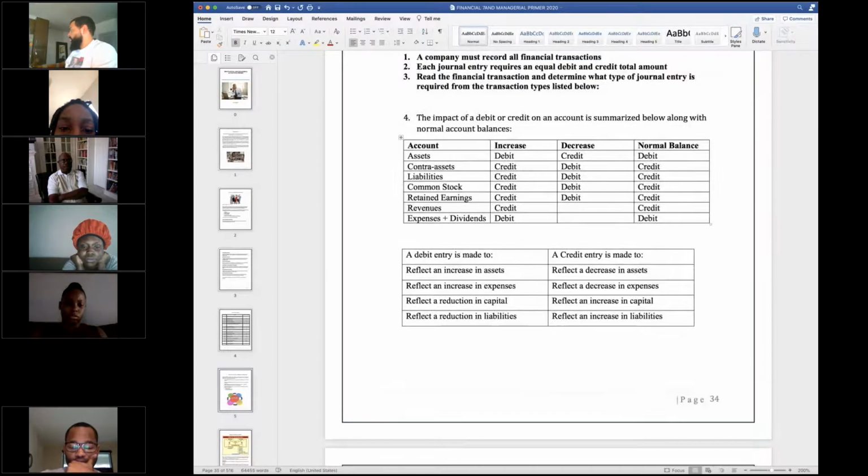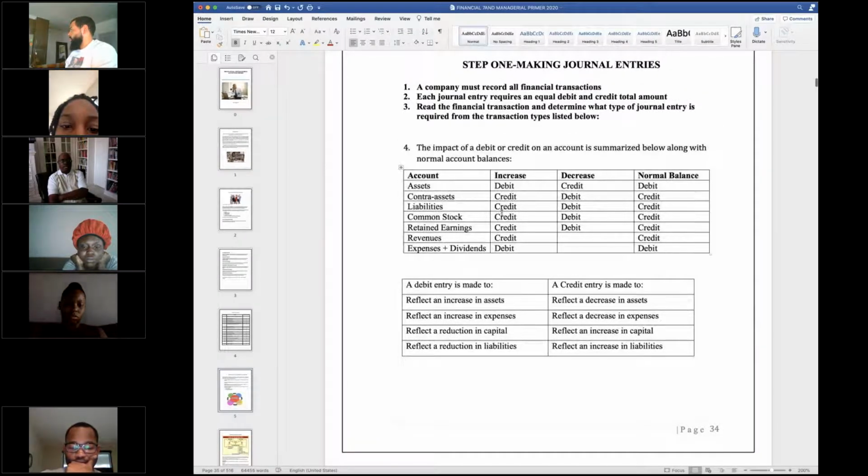And we said in making journal entries, on the asset side, if the asset increases, it's a debit. If the asset decreases, it's a credit. The normal balance for an asset account is a debit.